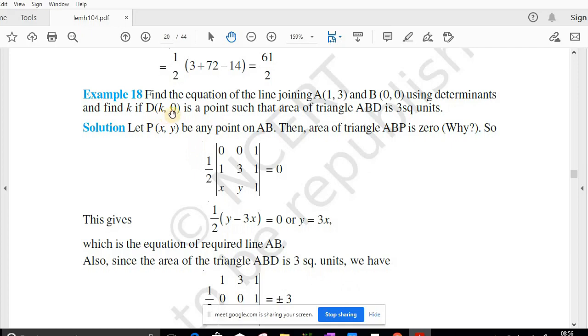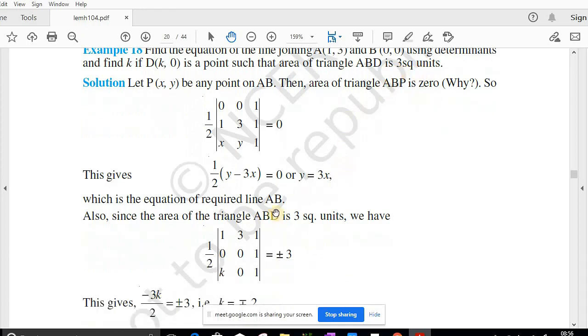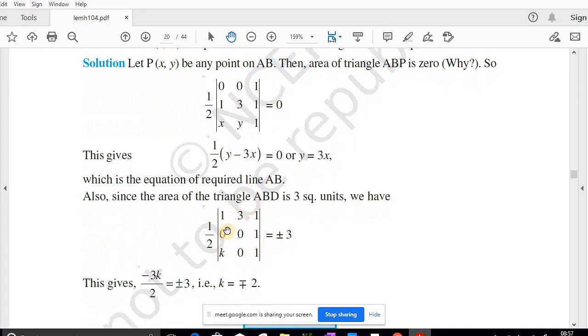Okay, now you see this is the thing, k0 এটা point হয় আৰু triangle to 3 unit. So ABD, area of triangle is 3 দিয়া আছে, so you just write it. It will be half of area of triangle ABD, half of this determinant, which is equal to 3. 3 যেহেতু দিয়া আছে, it can be plus 3 or minus 3.